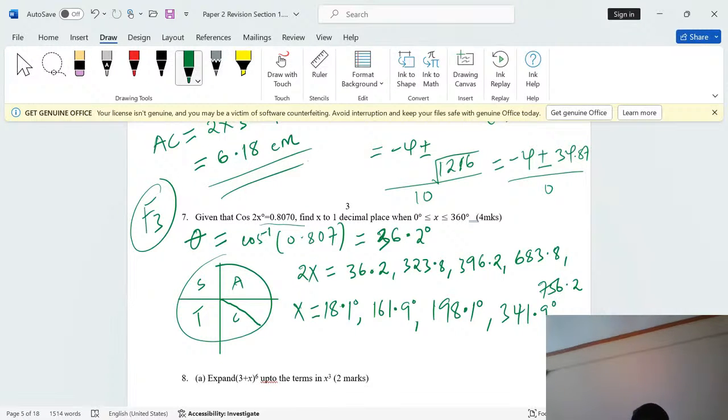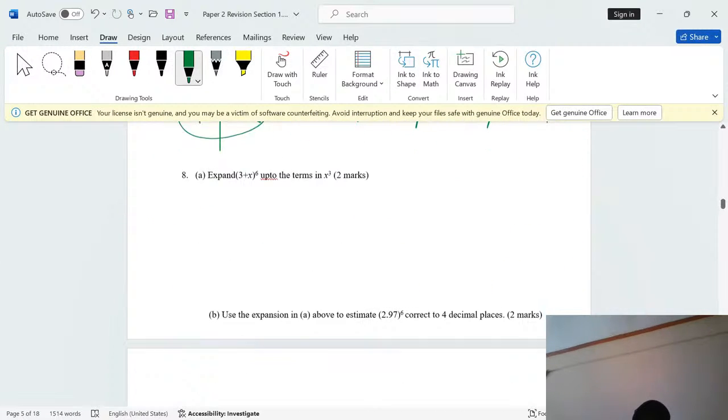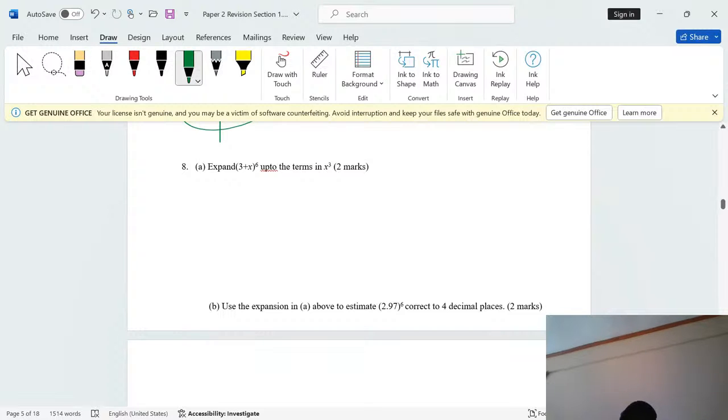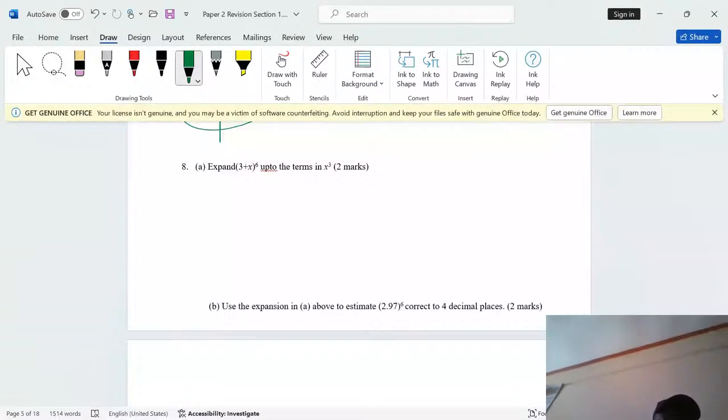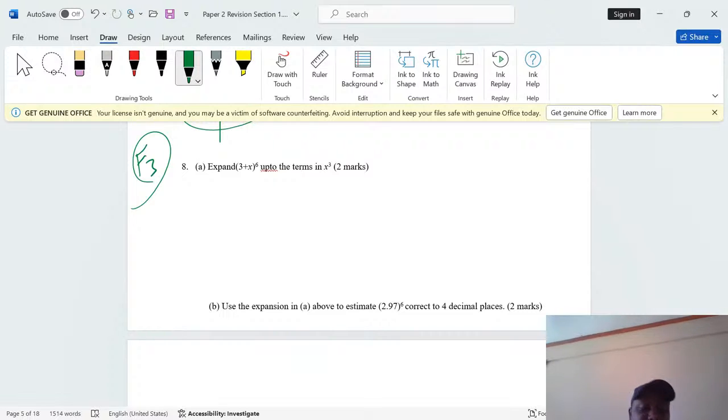Let us continue. There is a number 8 here, on expanding. So these are binomial expansions. The topic is in Form 3. Binomial expansions. Expand 3 plus x raised to power 6 up to the term in x power 3.